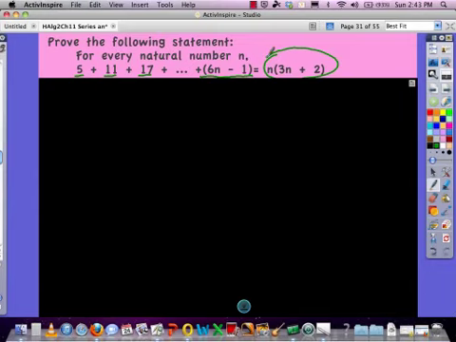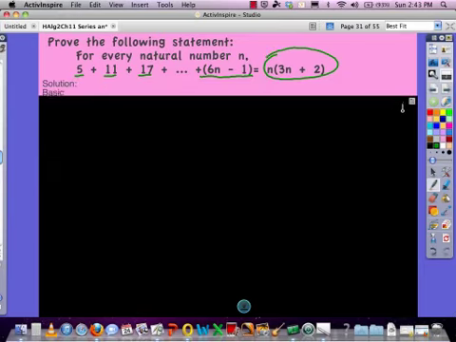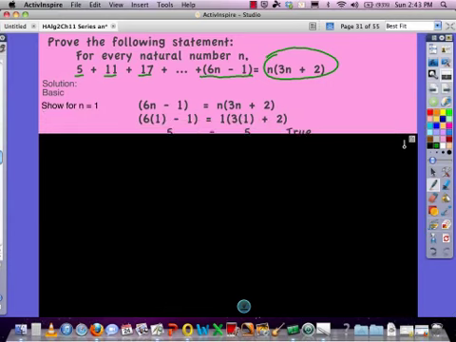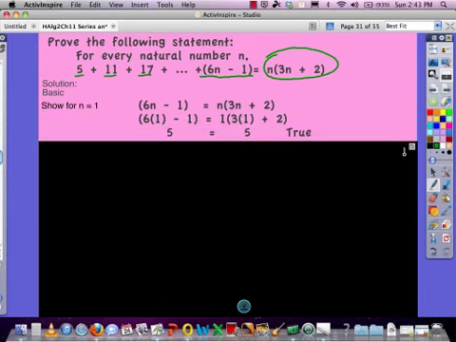Okay, here we go. We need to do that first basic step, which is show that this is true for n equals 1. So we take the left-hand side's first and only term, 6n minus 1, and then it has to be equal to n times 3n plus 2.